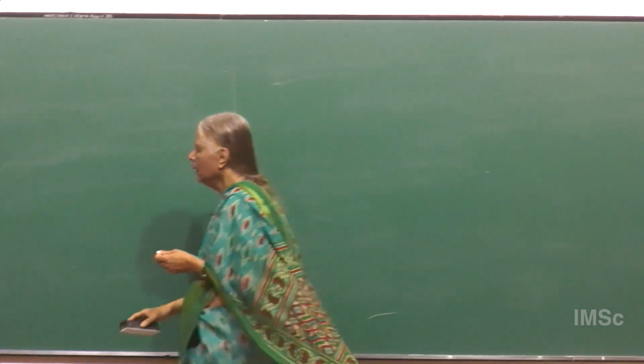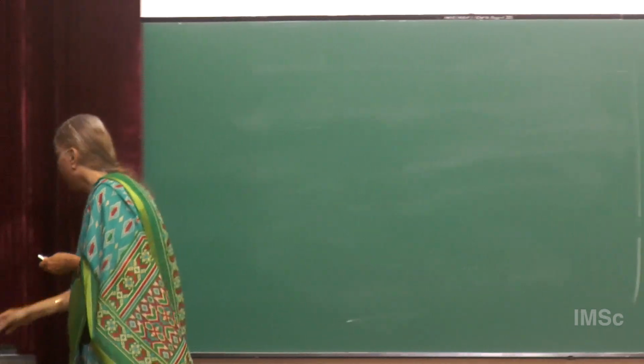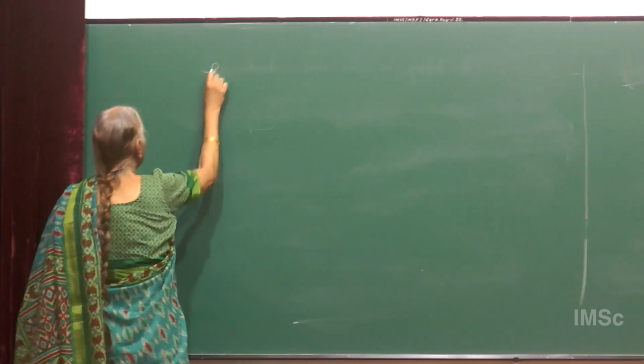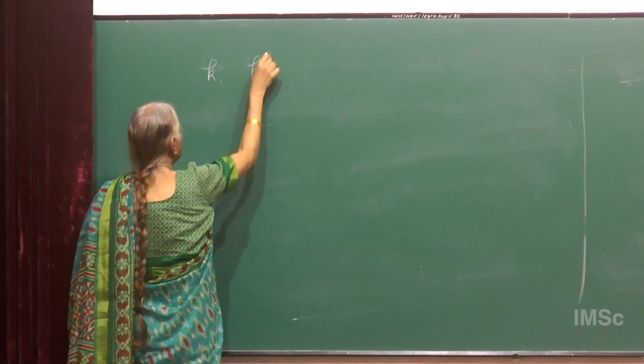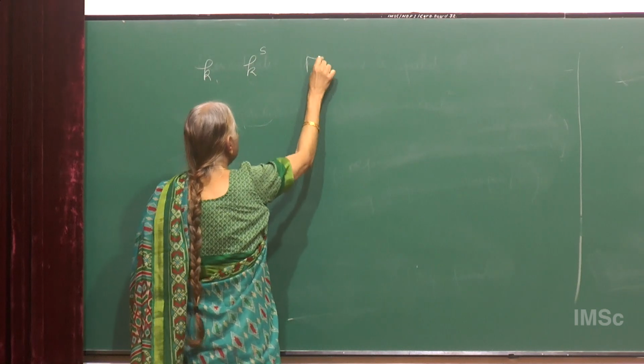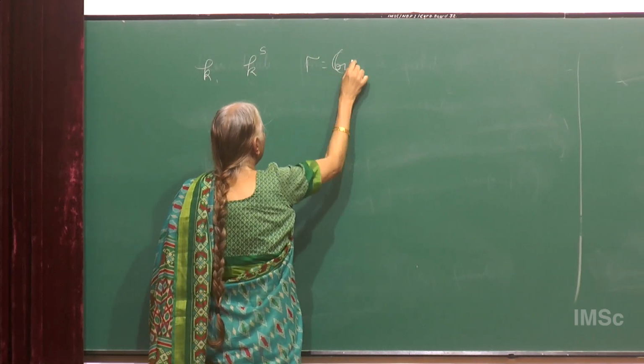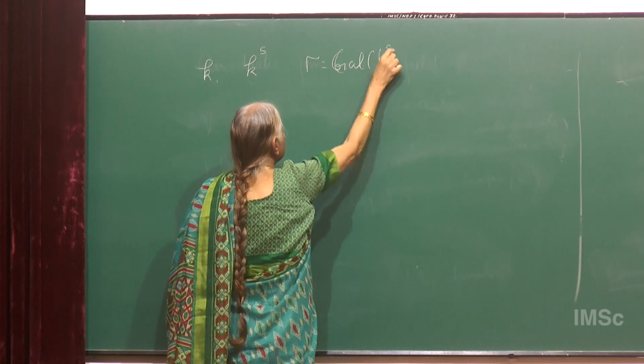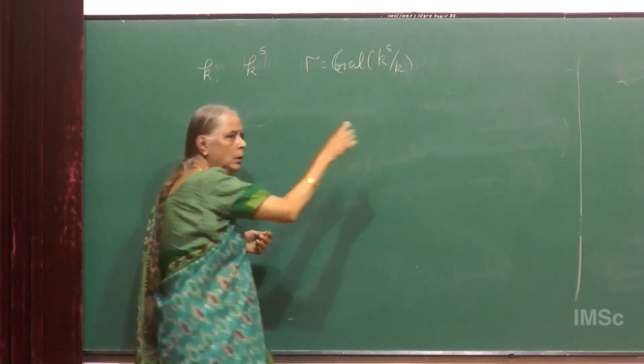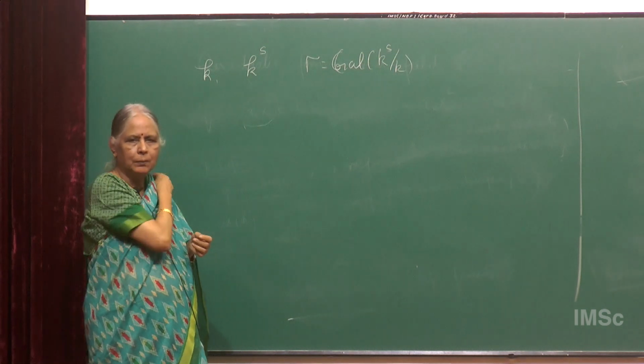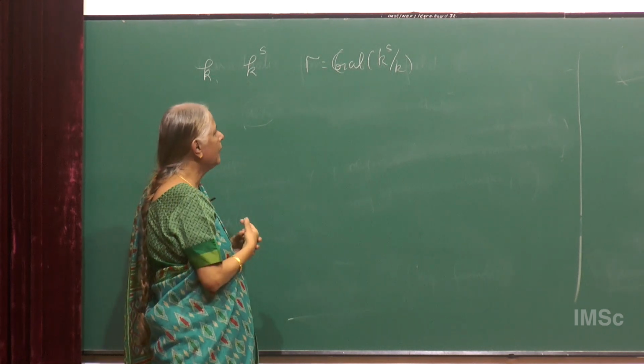Suppose K is a field and K_s is the separable closure, and Γ is the absolute Galois group of the separable closure over K. This consists of the inverse limit of finite Galois groups.